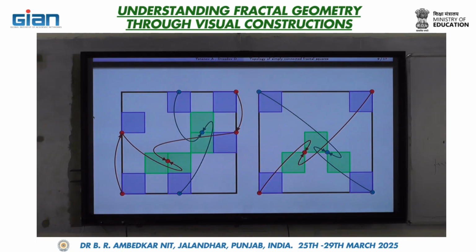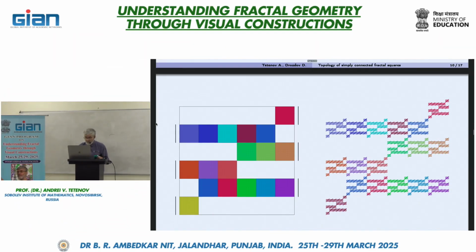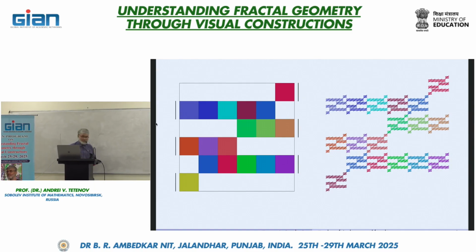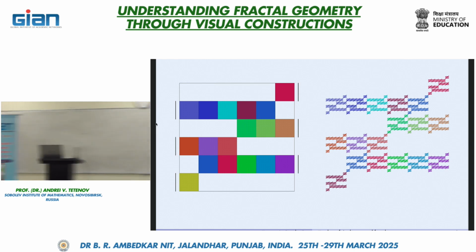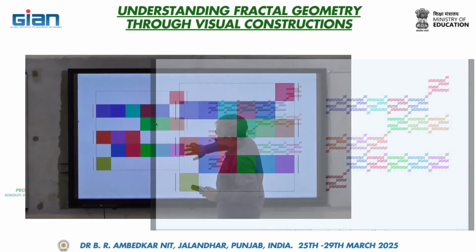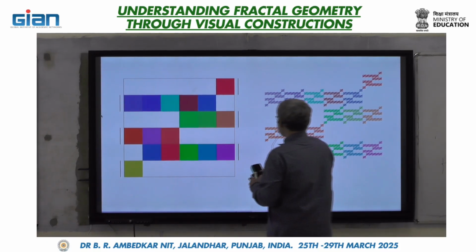So in that case, if we have a fractal square like this, you see these two sides have three intersections.